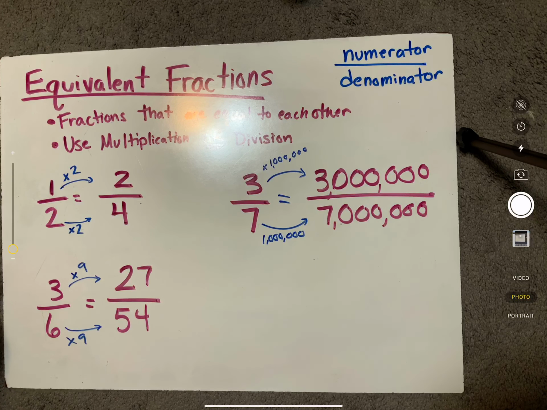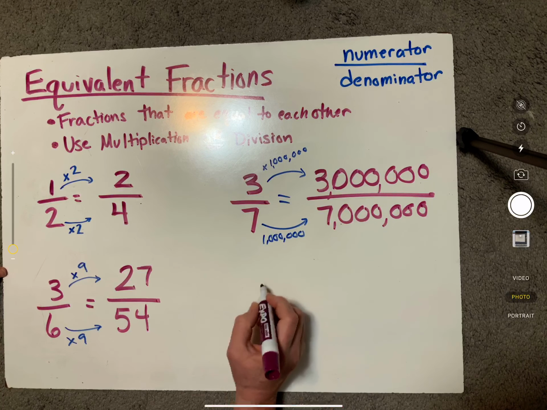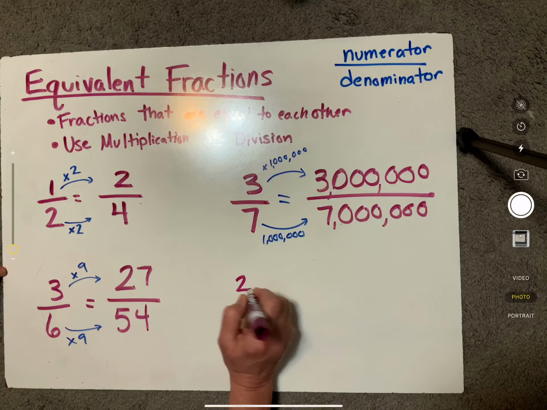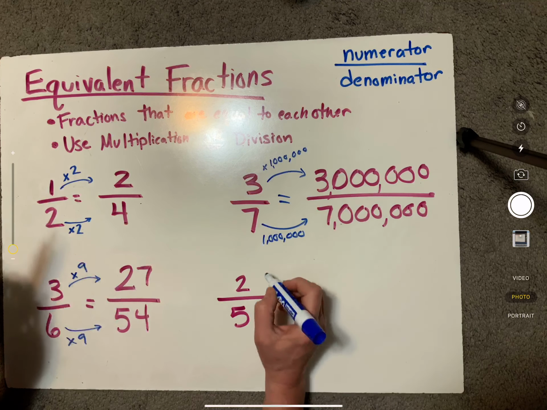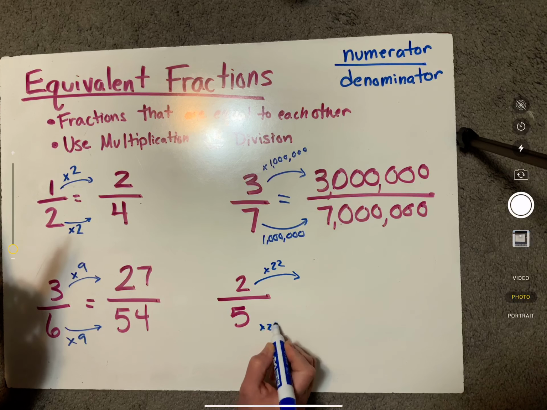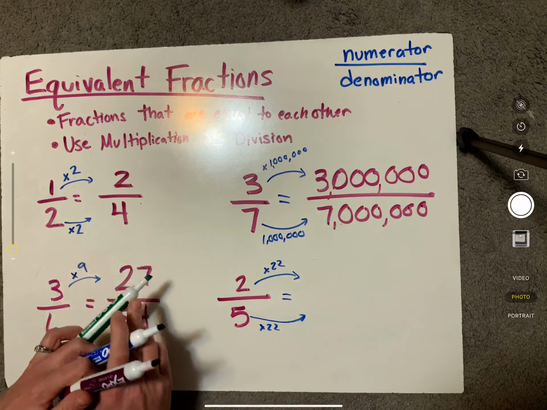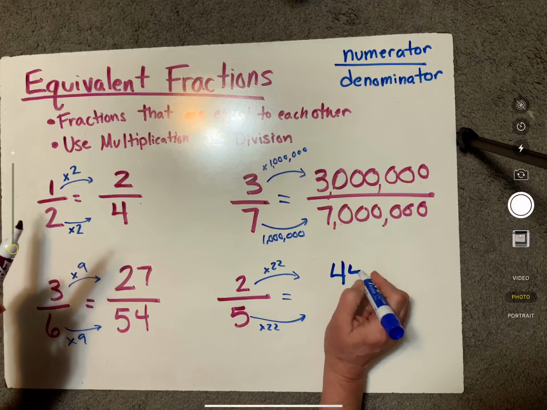You could multiply it by, I don't know, let's do 22 this time. So 2/5: 2 times 22 is 44.